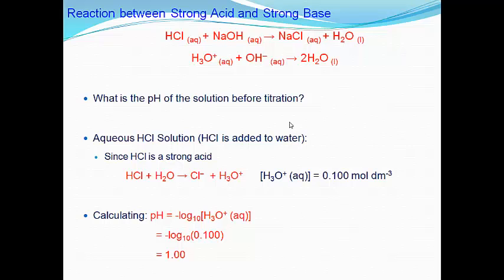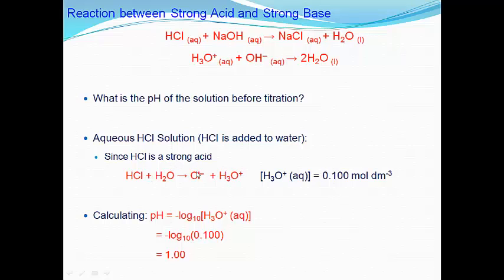Now, when we started out our reaction, we had our beaker of solution made up of hydrochloric acid. What essentially is happening there? We have HCl added to water, and because HCl is a strong acid, we expect complete dissociation into our chloride anions and our H3O plus cations.